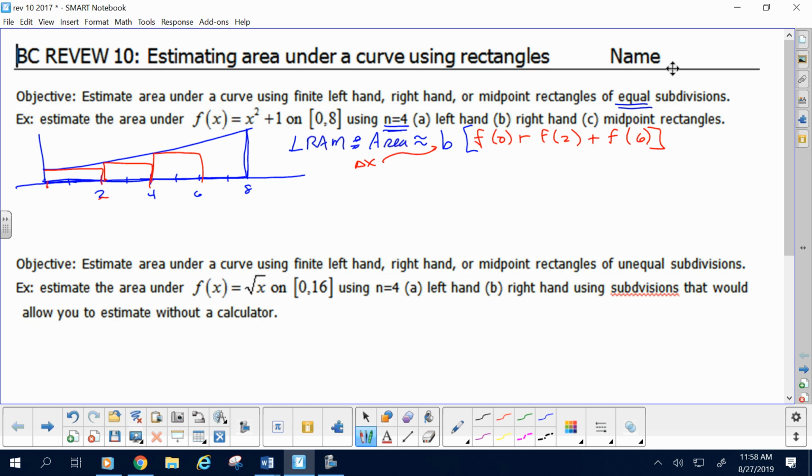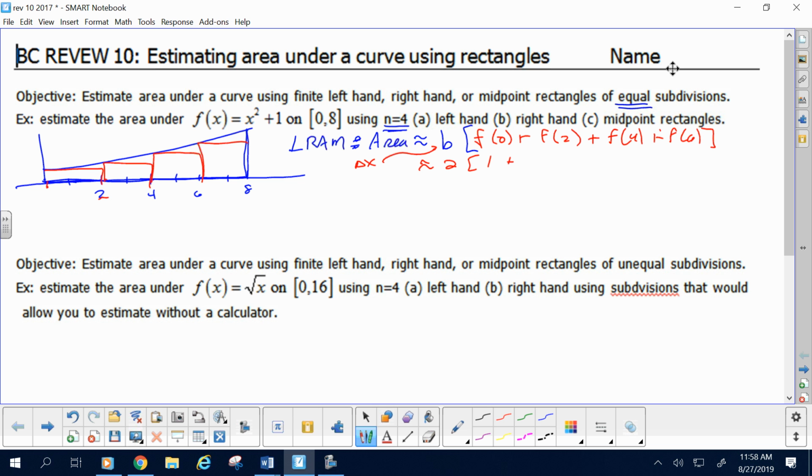And so I would get, let's go with, what's the base? Delta x is 2. What's f at 0? 1. What's f at 2? Did I forget one? I forgot one. Sorry, catching up.